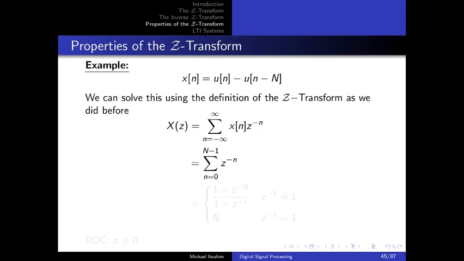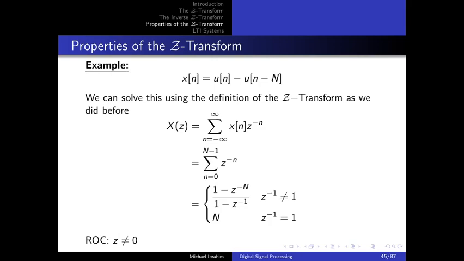It's one of the summations we know. It's basically 1 minus z to the power minus N in the numerator and 1 minus z to the power minus 1 in the denominator. This is true if z to the minus 1 is not equal to 1, and if it's equal to 1, we will get capital N. The region of convergence here is z not equal to 0, because this is a finite duration sequence and all the samples we have are located to the right of n equals 0, so we have to exclude z equals 0.